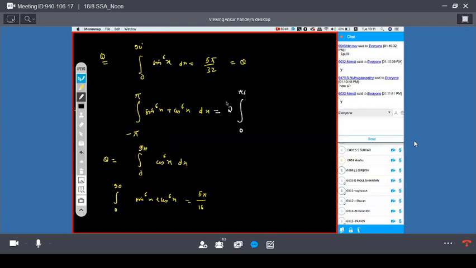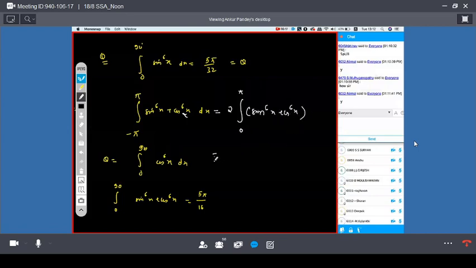Okay. Clear? Now it is done. See, it is sine to the power 6x plus cos to the power 6x.